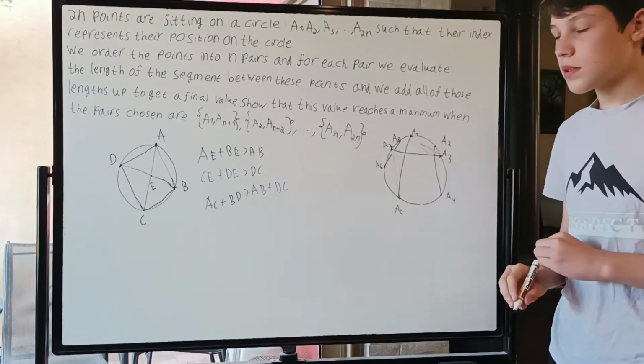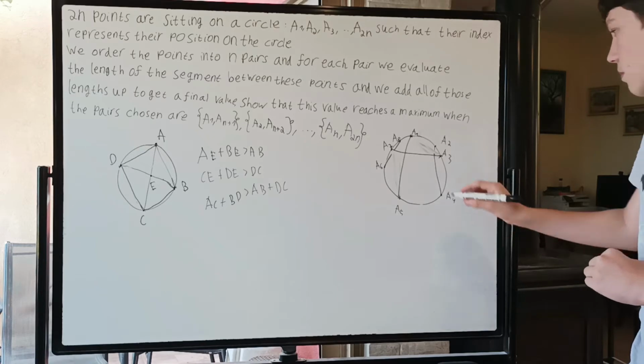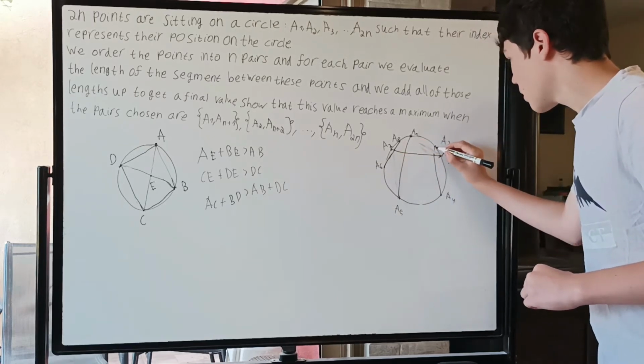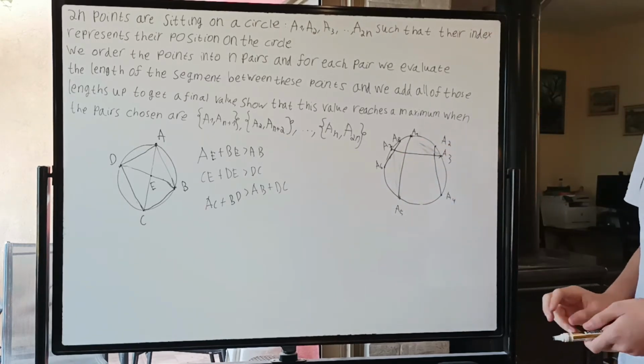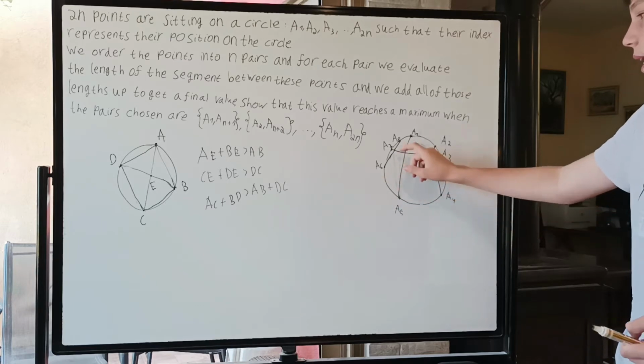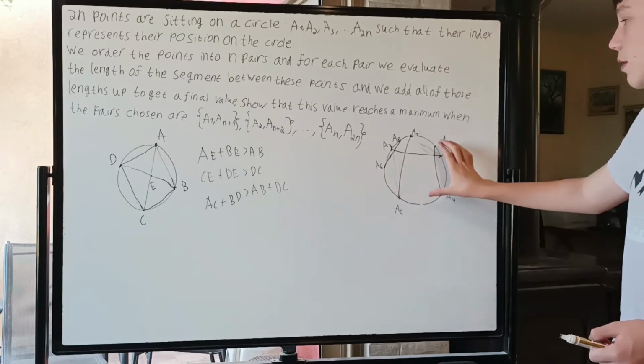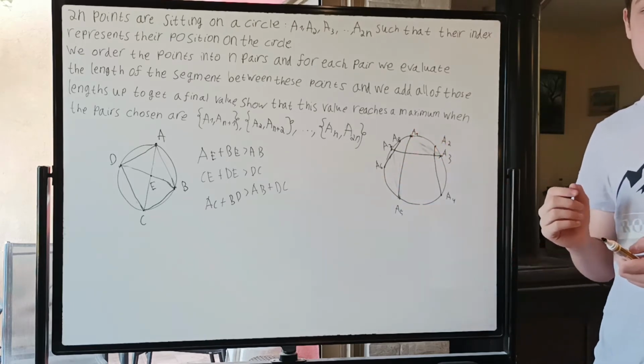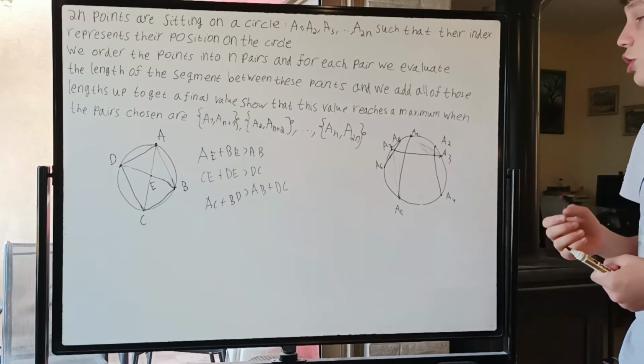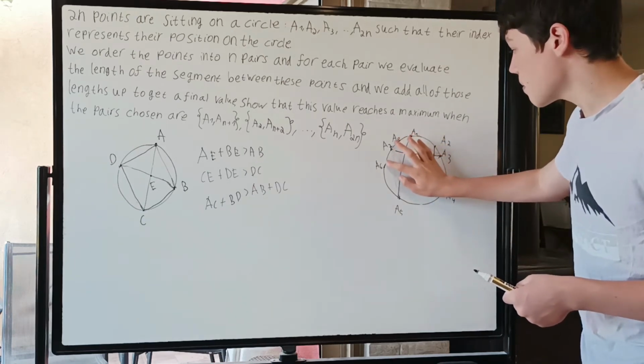Okay, and now let's take a look at A2, A4, A6, and A8. There are 2 segments that aren't crossing, so let's change it so that they are crossing.